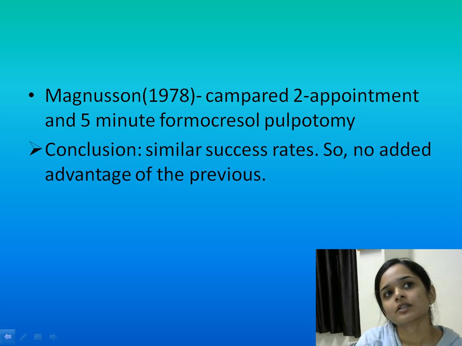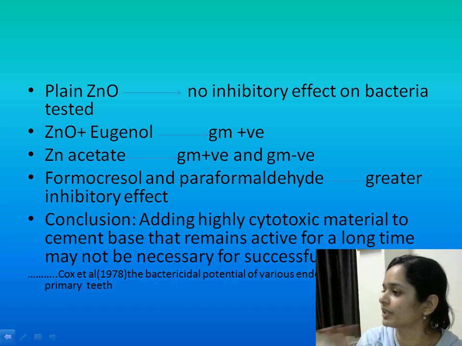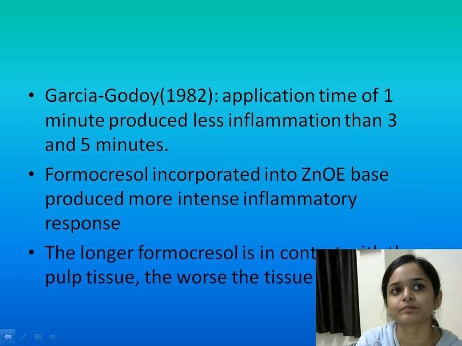Then, if formocresol was added to the ZOE, then adding a highly cytotoxic material to the cement base that remains active for a long time may not be necessary for the successful treatment.